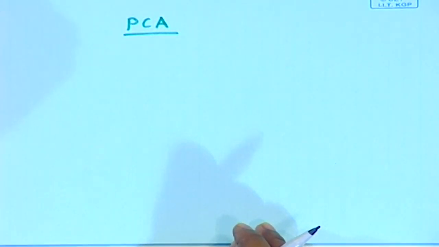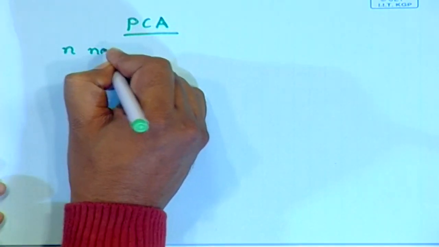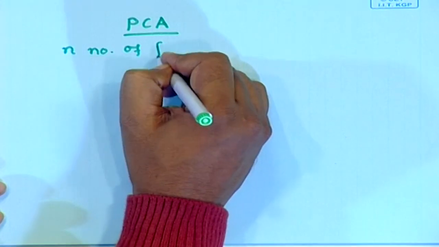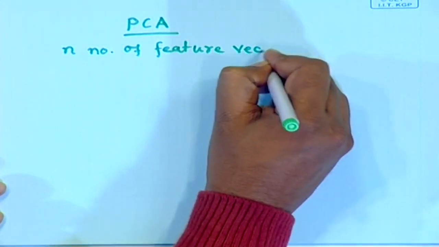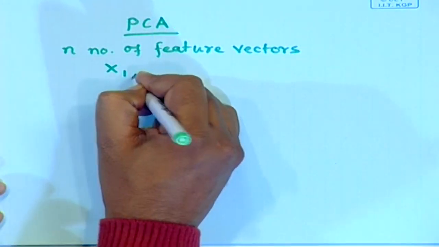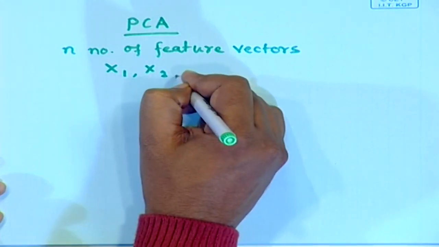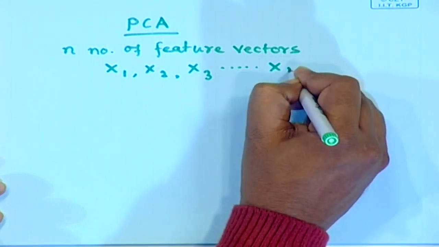So, our problem is like this: we have been given n number of feature vectors. Every feature vector is of dimension d. The feature vectors are x1, x2, x3 up to xn.